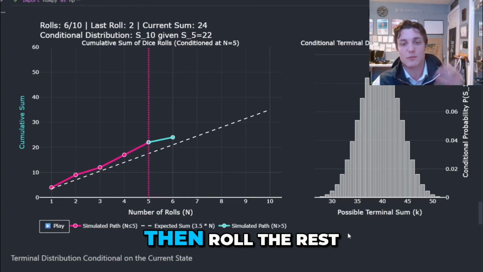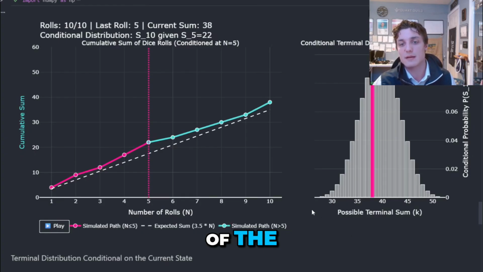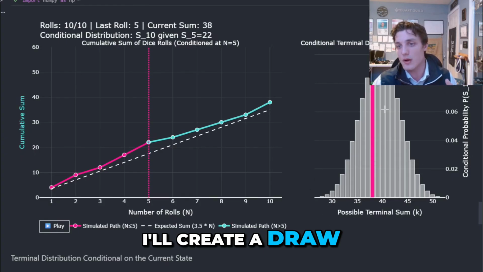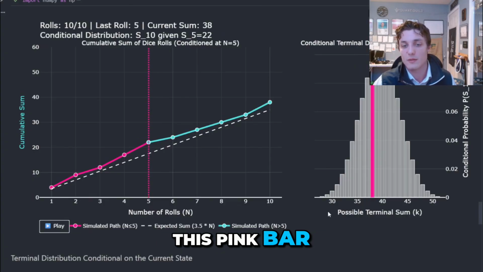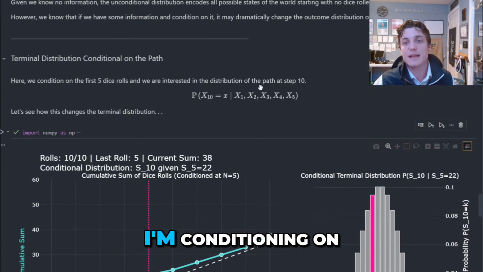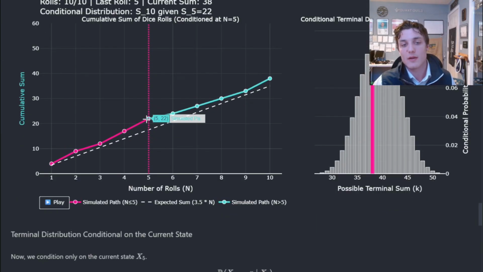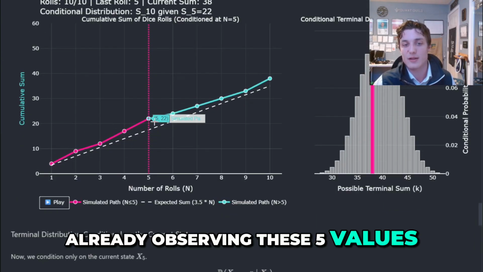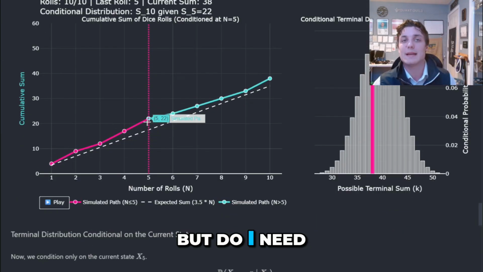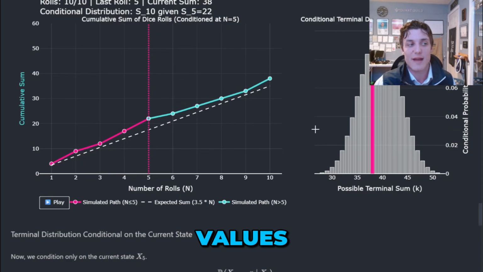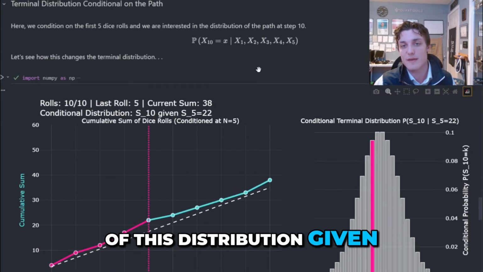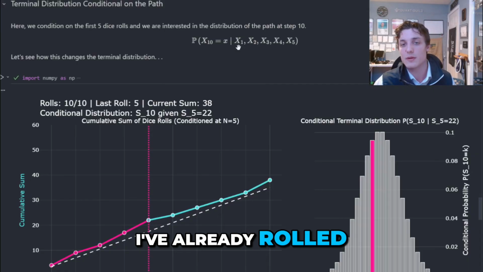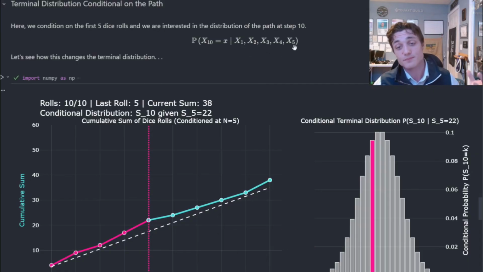If I was to then roll the rest of the dice, I'll create a draw from this conditional distribution, as you see here, this pink bar. Now, I'm conditioning on already observing these 5 values. But do I need all 5 of these values? The conditional probability of this distribution, given I've already rolled all 5 of them.